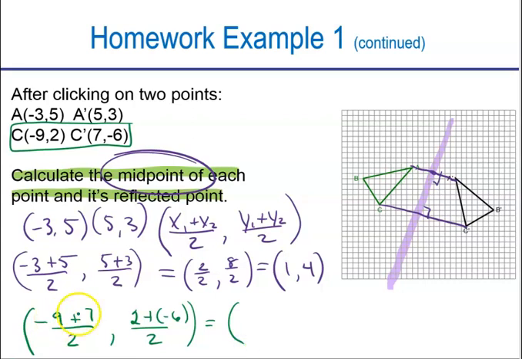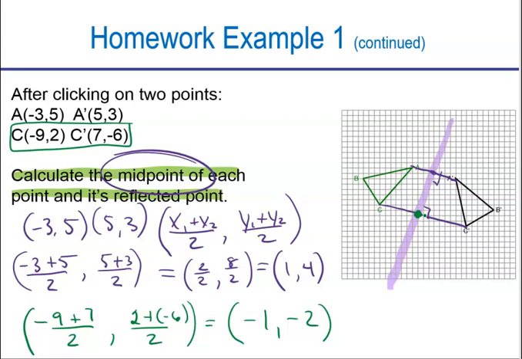Okay, negative 9 plus 7 is negative 2, divided by 2 is negative 1, and then 2 plus negative 6 is negative 4, divided by 2 is negative 2. So I've got two different midpoint values. I've got 1, 4, and this one should be about negative 1, negative 2.